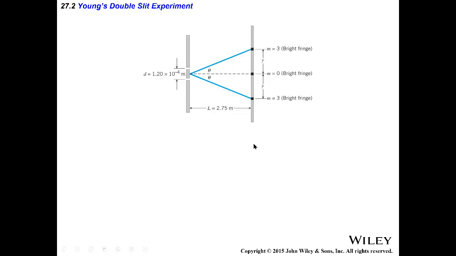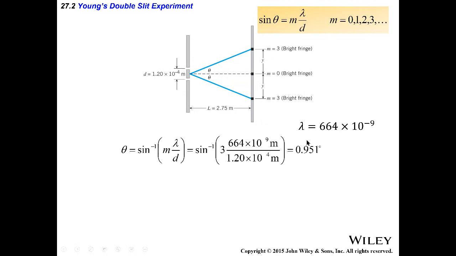And what you do is you then use the basic formula: sine theta is m lambda over d, where lambda is the particular wavelength of the light, d is the distance between the two slits, and theta is the angle. If they tell you m is 3, you substitute lambda, their given is 664 nanometers, and therefore you work out the angle, or the book has already worked it out for you.